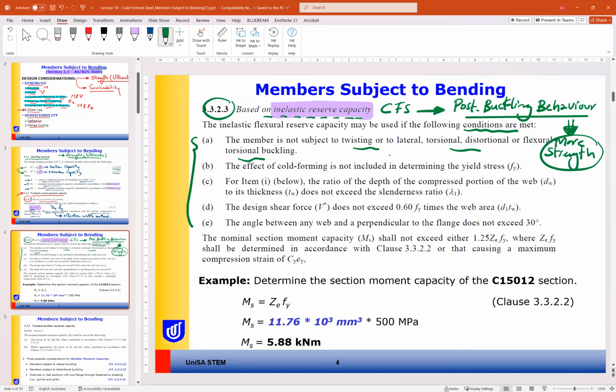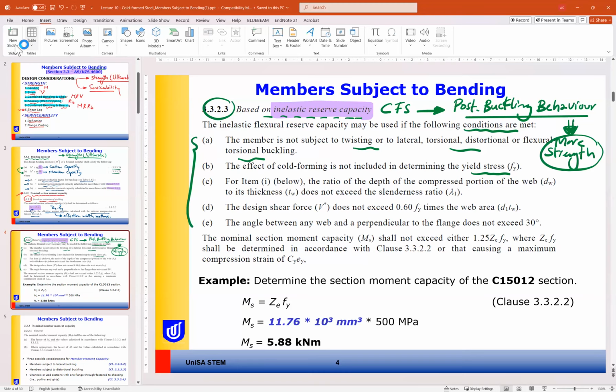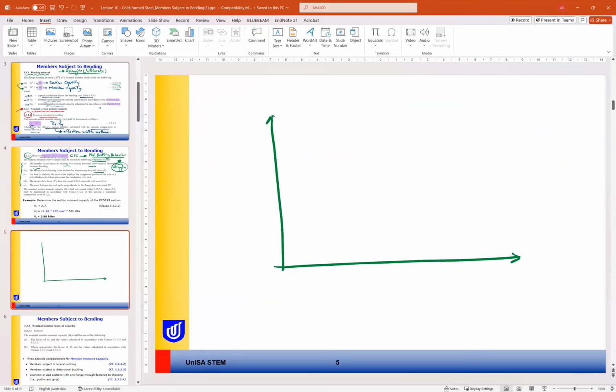The effect of cold forming is not included in determining the yield strength. Do you remember what happened to the yield strength for cold formed sections due to the cold forming process? Remember, this is our typical stress strain curve for steel.